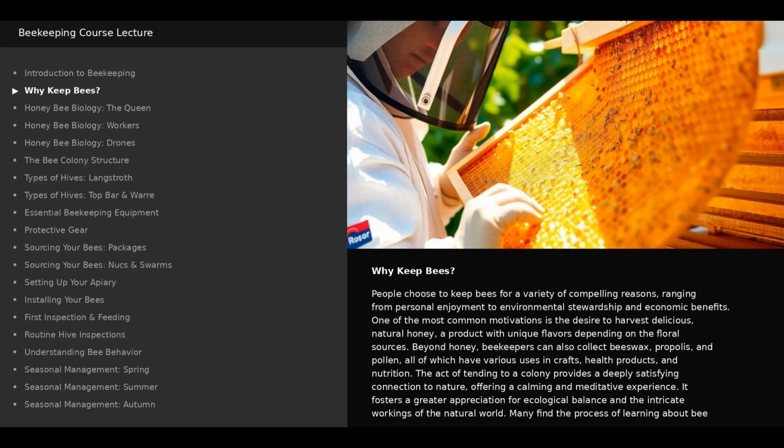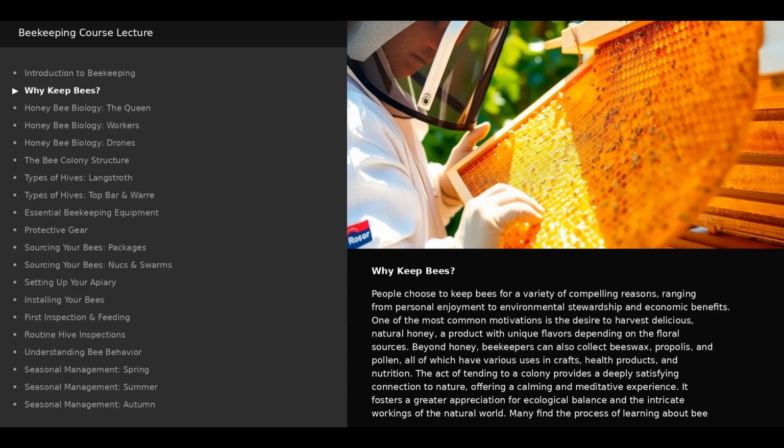Why keep bees? People choose to keep bees for a variety of compelling reasons, ranging from personal enjoyment to environmental stewardship and economic benefits. One of the most common motivations is the desire to harvest delicious, natural honey, a product with unique flavors depending on the floral sources. Beyond honey, beekeepers can also collect beeswax, propolis, and pollen, all of which have various uses in crafts, health products, and nutrition.